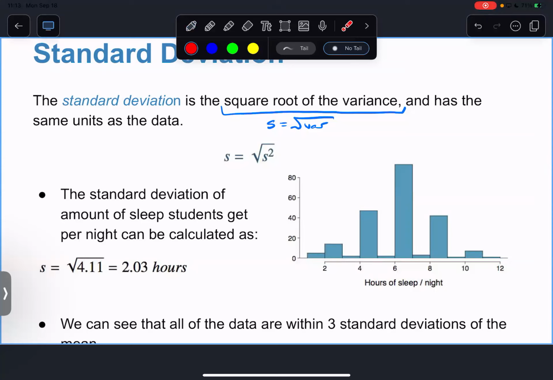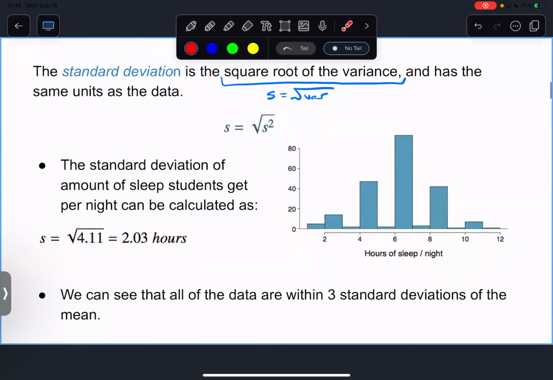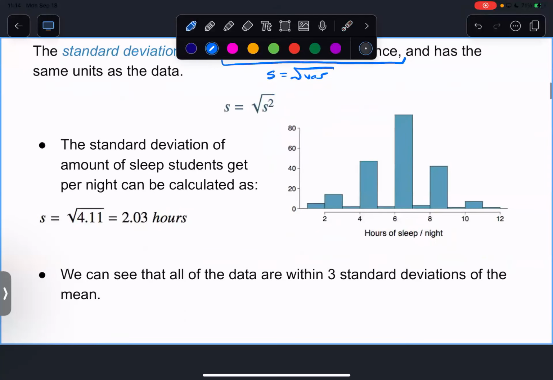Now, maybe now is a good time to introduce kind of confusing notation. If it's a calculated value, we use a lowercase s for the sample standard deviation. Okay. And so here, s is the sample standard deviation. And I'll put in brackets the calculated value.